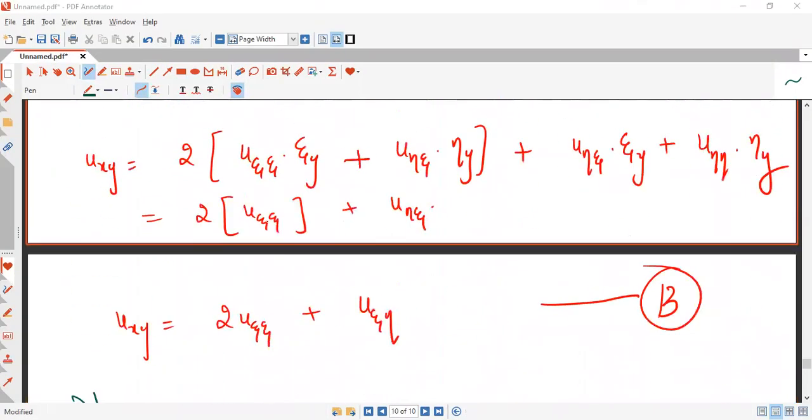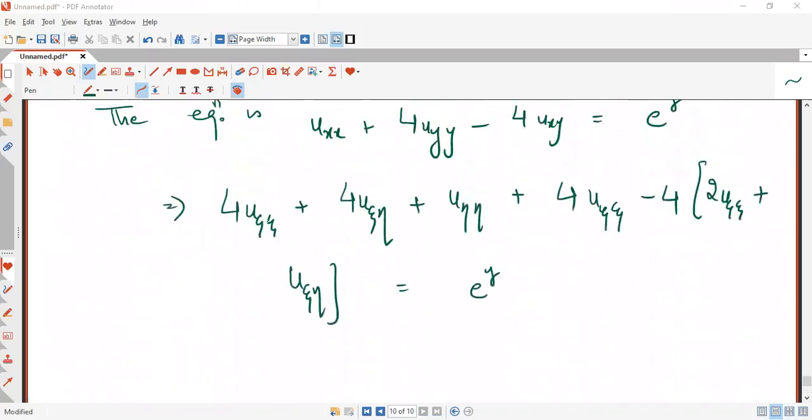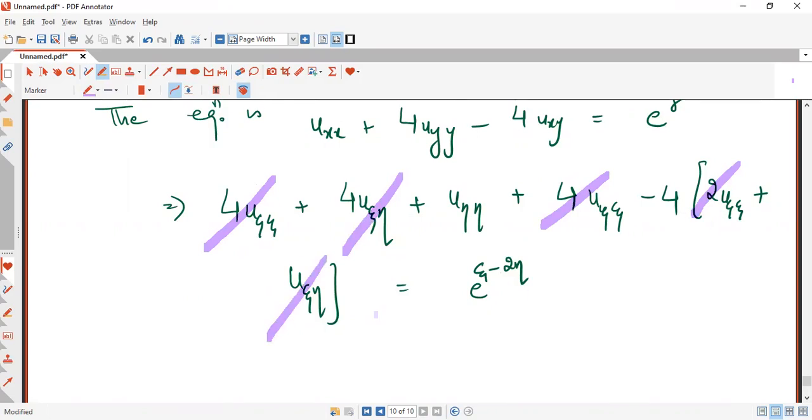Xi minus 2 eta. So if you look over here, 4 u xi xi plus 4 u xi xi, 8 u xi xi, will cancel out with minus 8 u xi xi. U eta eta is here, 4 u xi eta, and when you open the bracket, minus 4 u xi eta. So what is left out is u eta eta equals e to power xi minus 2 eta.